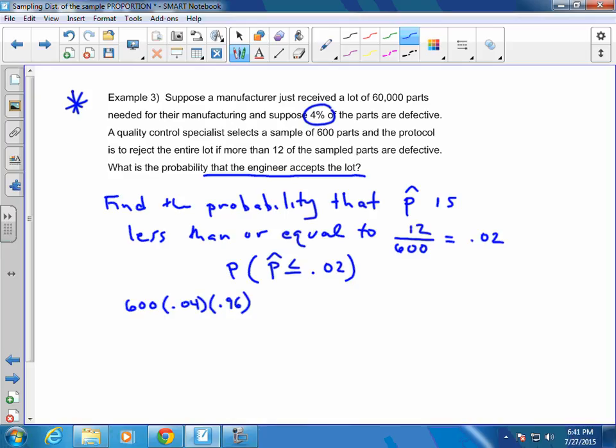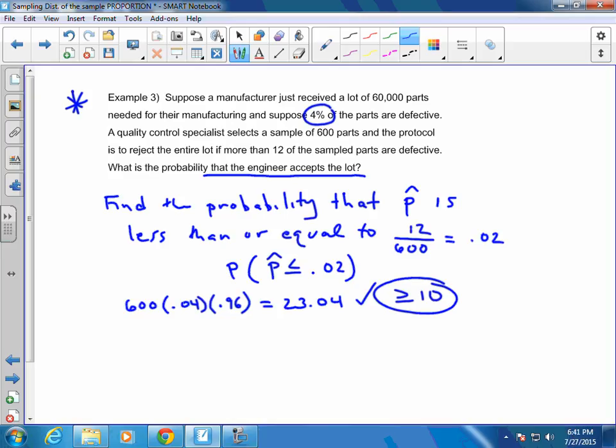That means 1 minus p is going to be 0.96. If we multiply those together, I'm getting 23 point something, 23.04, I think. So I'm going to put a check because that's greater than or equal to 10. Remember, that's the cutoff. So that tells me it's normal.